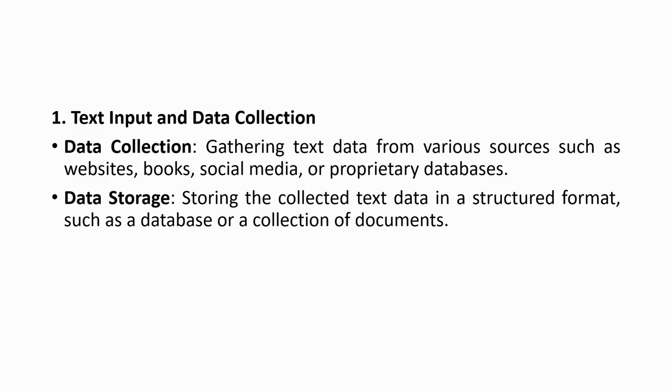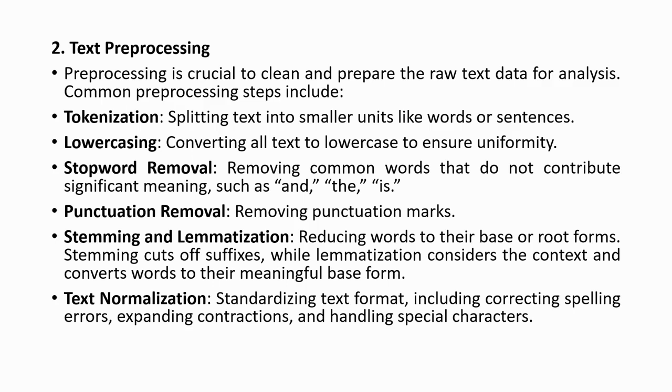What stemming and lemmatization try to do is, as we spoke earlier, find the root form of a given word. As I told you, write, writing and written, the base word is write.